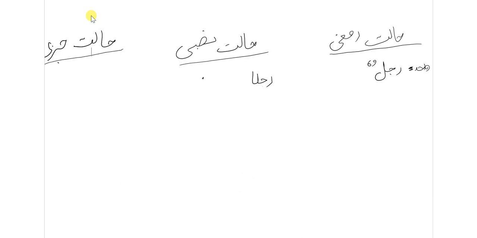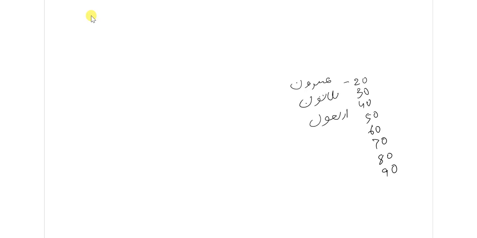Now, similar to kila and kilta, the words from 20, 30, 40, 50, 60, 70, 80, 90, like ishroon, salasoon, arbaoon, khamsoon, sittoon, sab'oon, thamanoon, tis'oon.